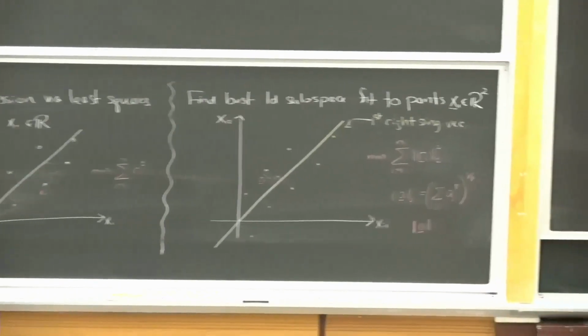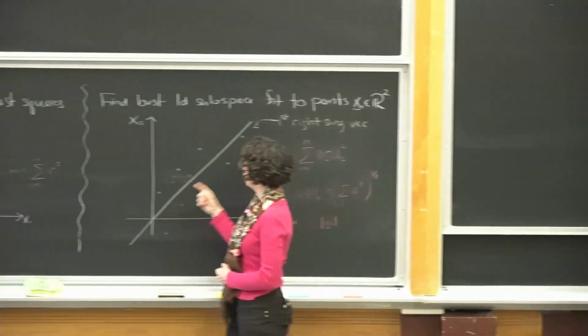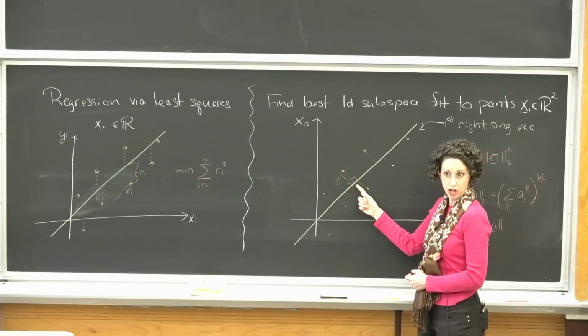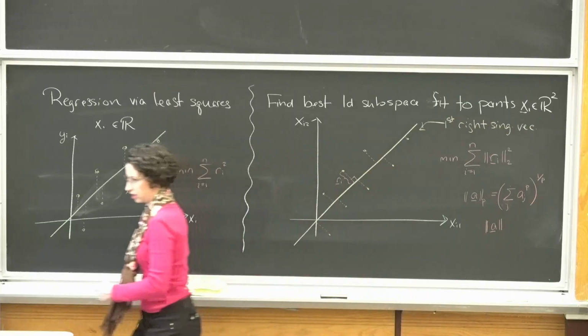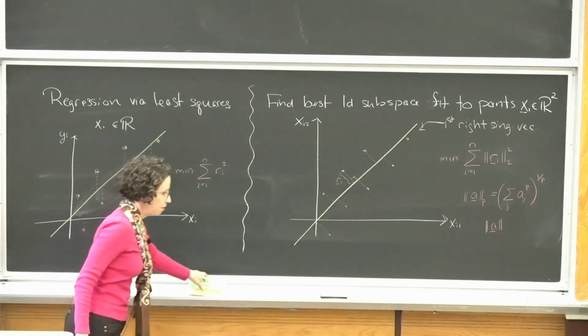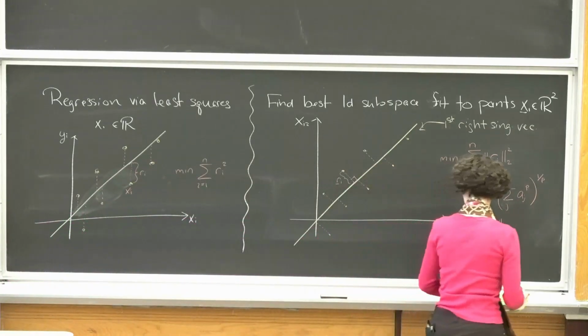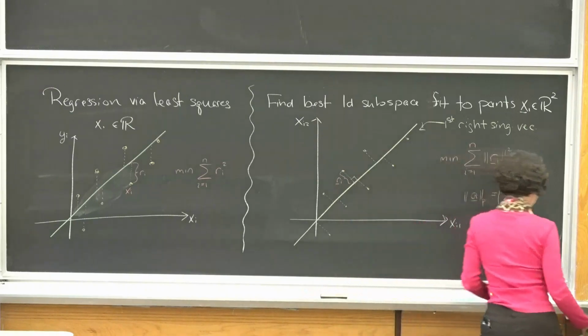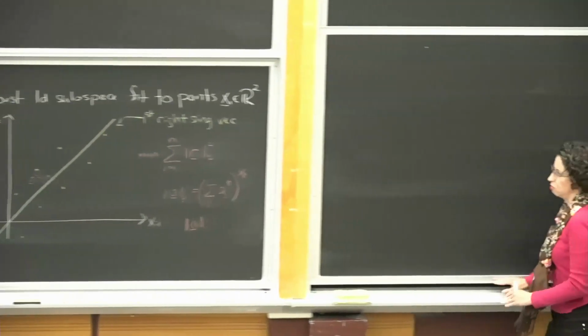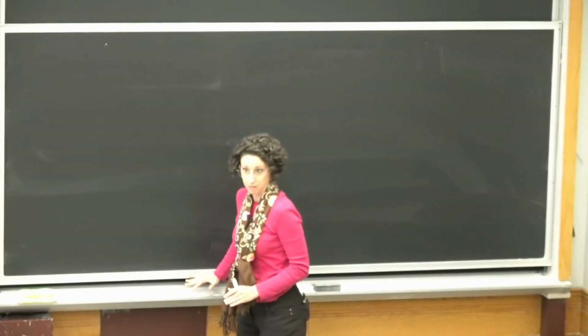Okay, so as you might have guessed, what we're doing here is, if we knew what this green line was, we are taking each sample and projecting it onto the green line, right? So in order to understand how we find that green line, we need to talk a little bit more about projection matrices, because we're going to use some facts about projection matrices in order to find the best green line.